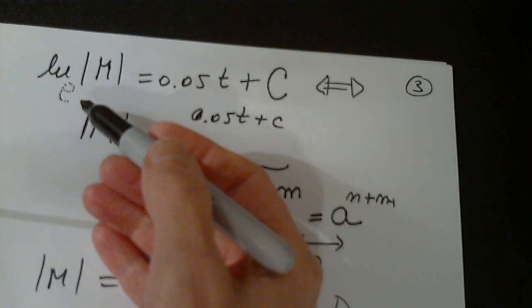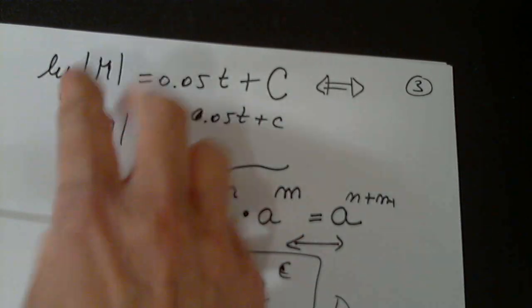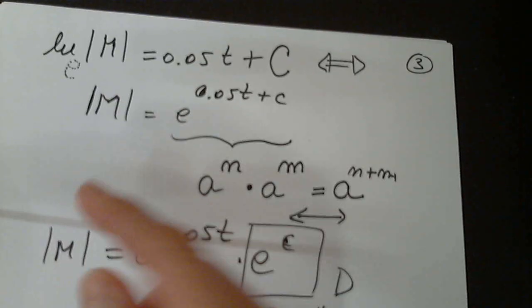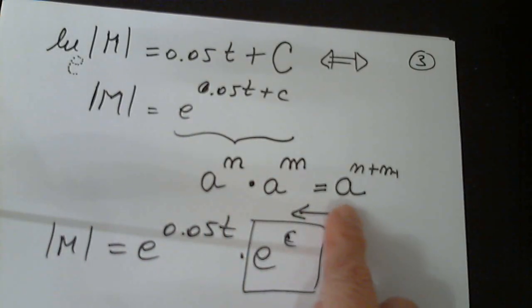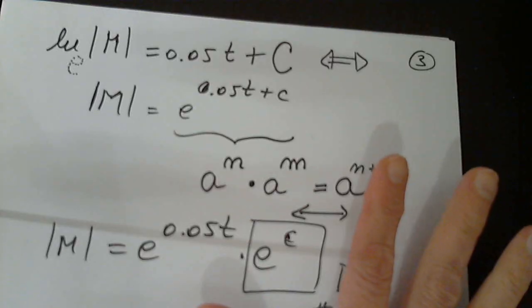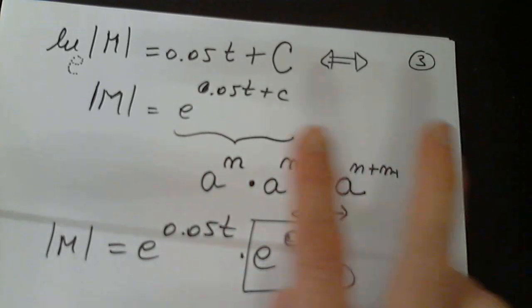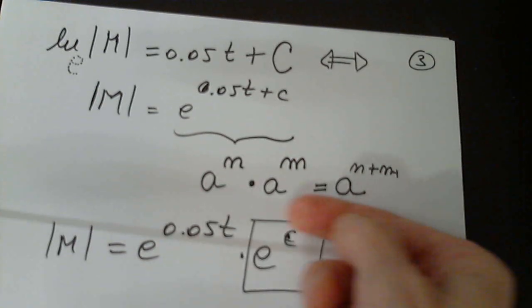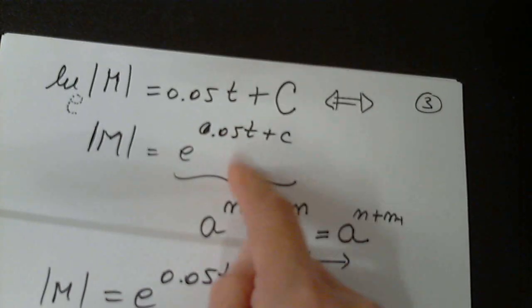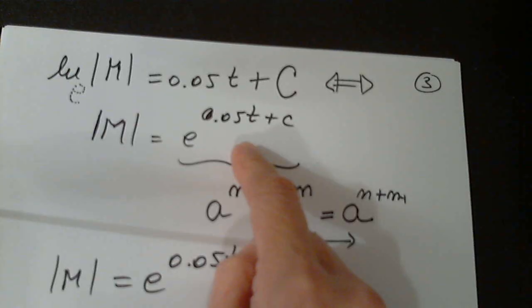So this is what we have. So therefore, e to this power equals the absolute value of m. Then we went back to the exponential rule that states a to the nth times a to the mth, copy the base, add the exponents. But I can always go back. And this is what I have to do here in order to simplify.